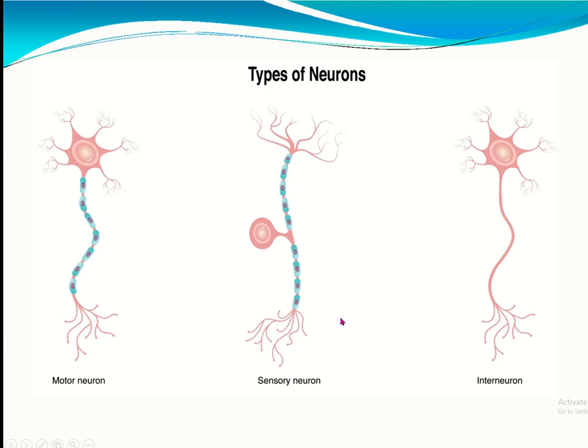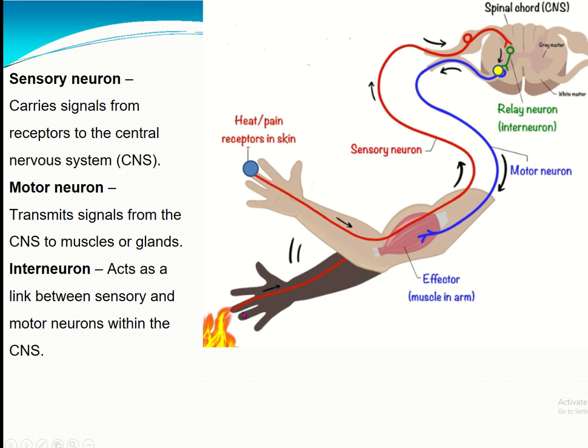The types of neuron are three: motor, sensory, interneuron. This is the sensory nerve, this is the motor nerve, and this is the interneuron, the connection between sensory neuron and motor neuron.